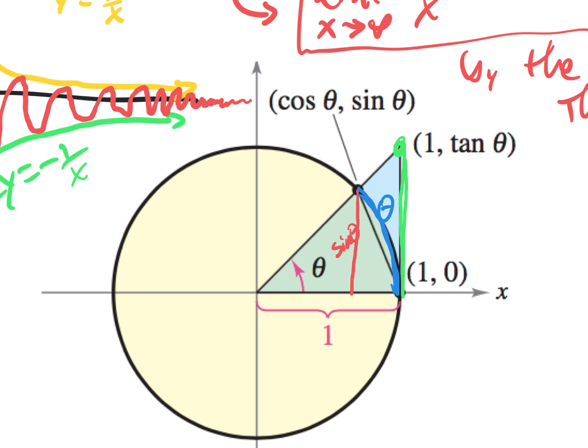And the value of tangent is, if we continue this line through the point on the unit circle made by the angle, then this height right here is the tangent of theta. So graphically, that's why the tangent is always bigger than theta, which is always bigger than sine theta.